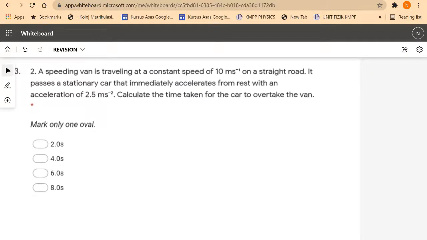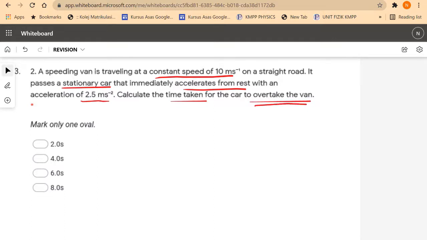Okay, and then we can proceed to number 2. A speeding van is traveling at a constant speed of 10 meters per second on a straight road. It passes a stationary car that immediately accelerates from rest with an acceleration of 2.5 meters per second squared. Calculate the time taken for the car to overtake the van.